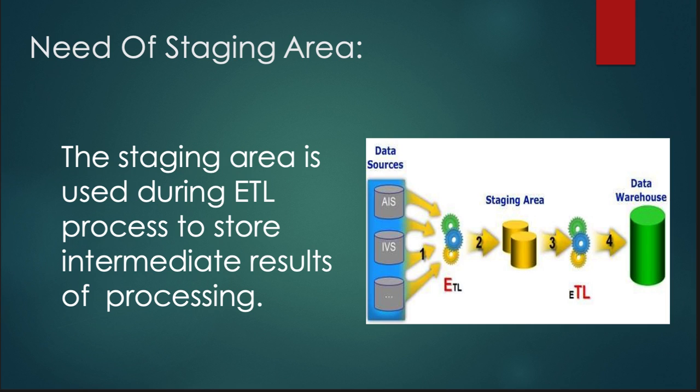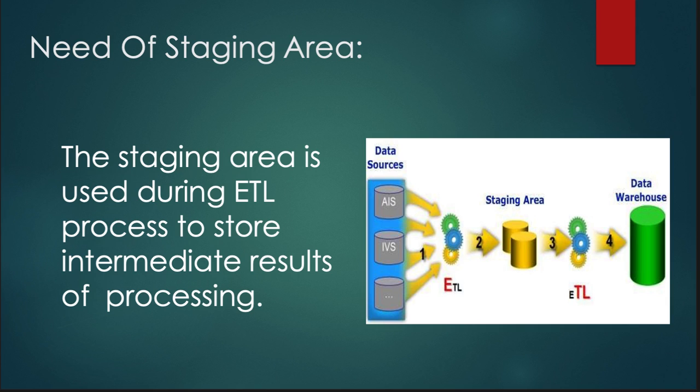The staging area used during the ETL process stores intermediate results of the processing. It makes it possible to restart at least some of the phases independently from the others.